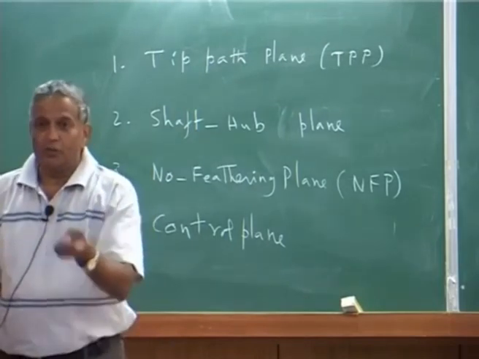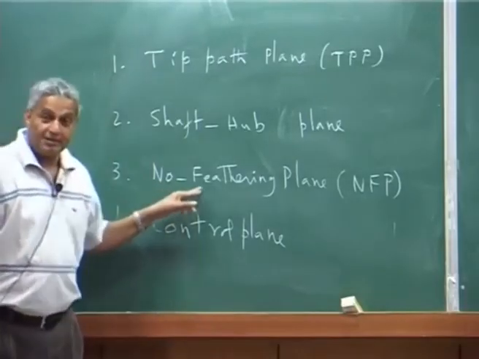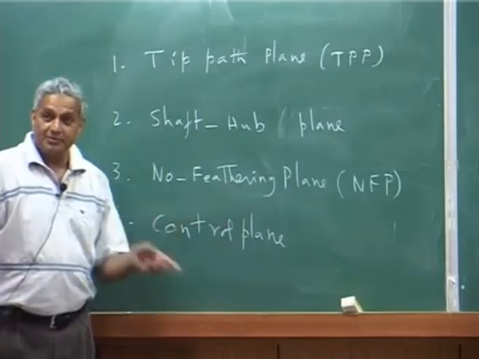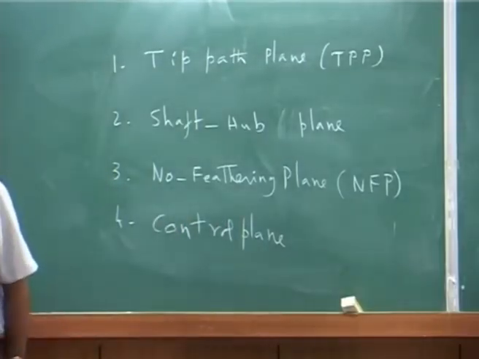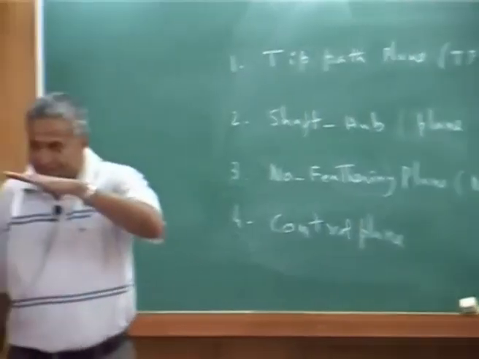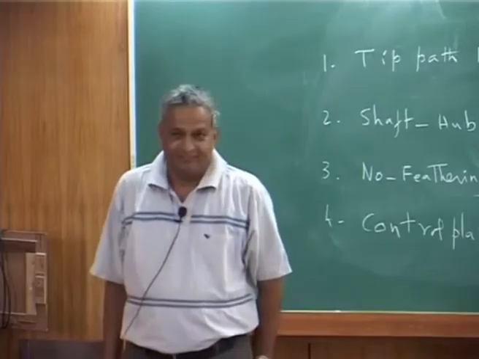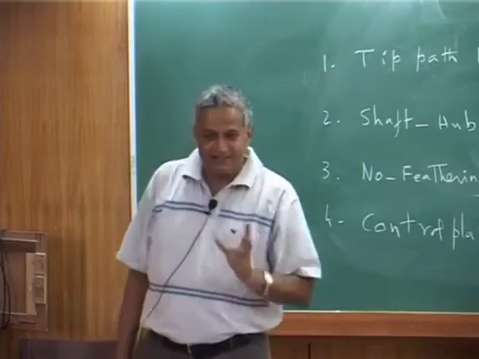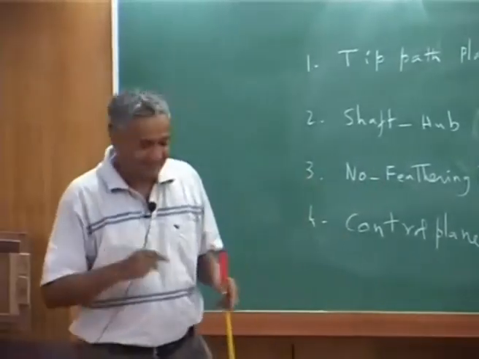Now you choose the no feathering plane. In this plane, the pitch angle of the blade is constant. Okay? In that plane, the pitch angle of the blade is a constant. Okay, this is sketching, maybe with the computer in 3-dimensional we should be able to make it.